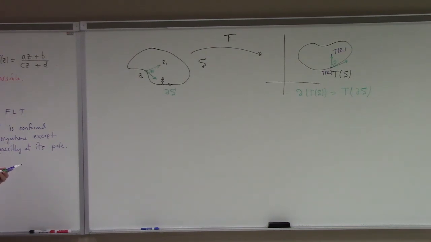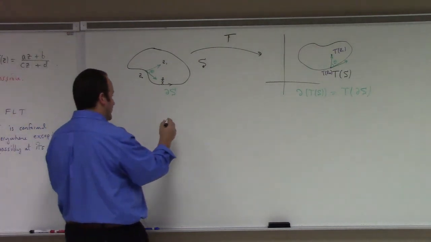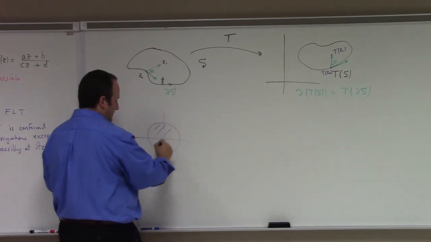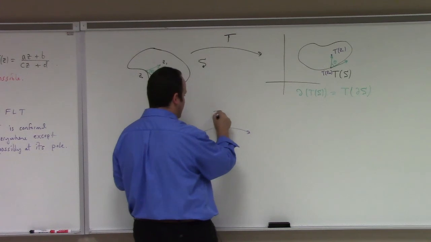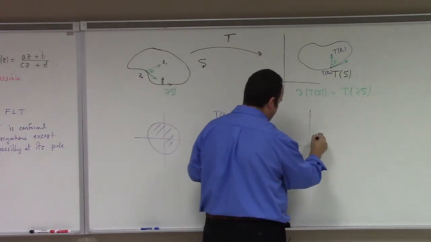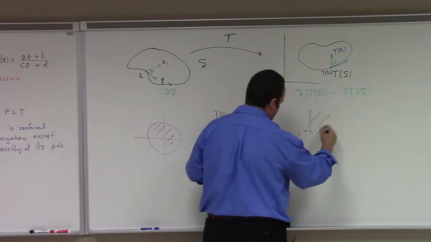Now you've got to be careful. It could be that it gets turned inside out. The reciprocal map is a possible fractional linear transformation. We can take this region and map it through the T of Z equals 1 over Z map to this.